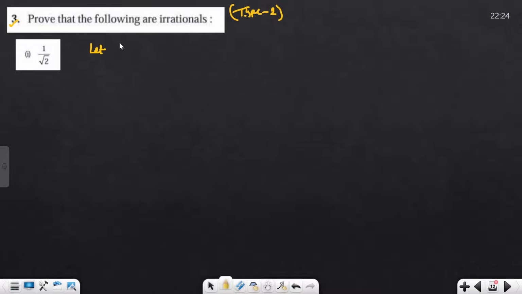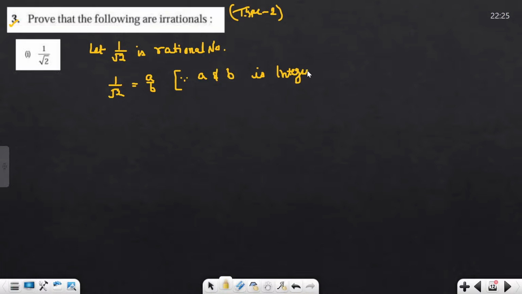Let 1 by root 2 be a rational number. If it is a rational number, then 1 by root 2 is equal to a by b, where a and b are integers and coprime, and b not equal to 0.